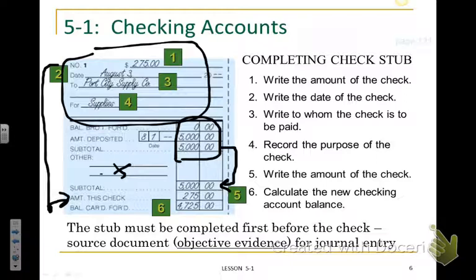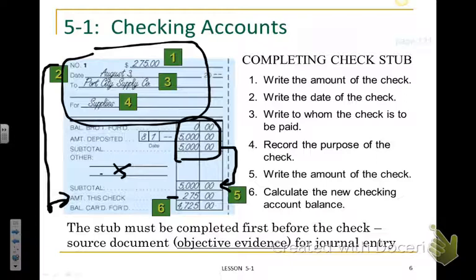Now, if our previous balance was $5,000 and we write a check, it would be expected that the balance in our checking account is going to go down. So we're going to subtract the amount of this check and get a new balance on our check stub. This balance should also match our ledger balance.